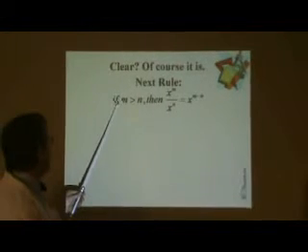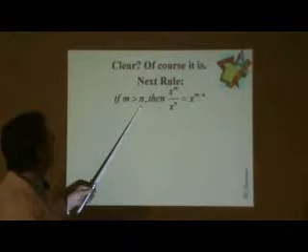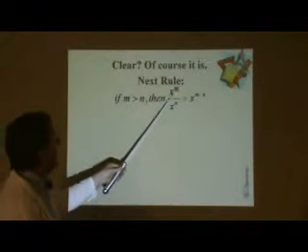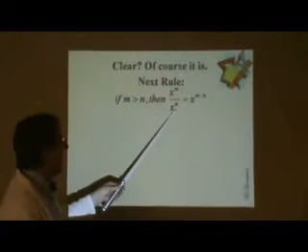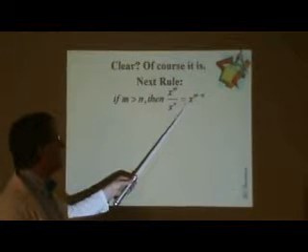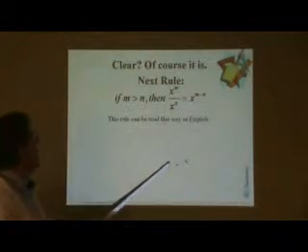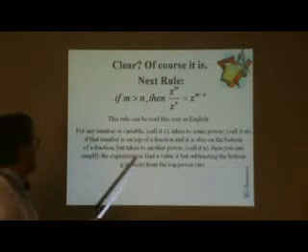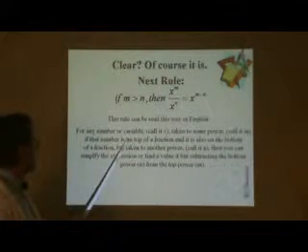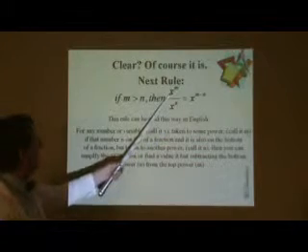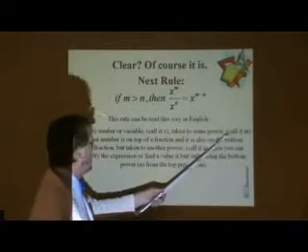We have a rule that if m is greater than n, then x to the m power over x to the n power is equal to x to the power m minus n. Why does this work? Well, first let me state it in English. For any number or variable, let's call it x. We called it x. Taken to some power, call it m.